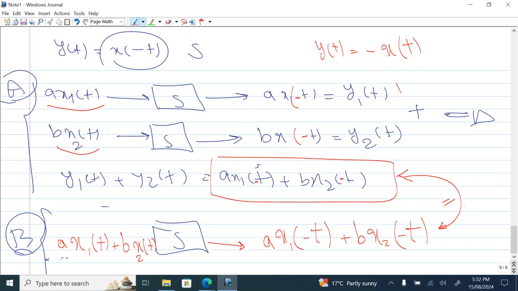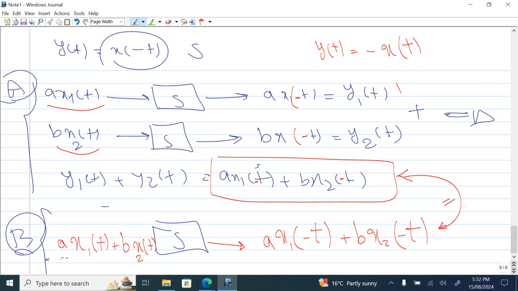Yes, it is linear, in terms of linearity. Why? Because all it does is get your input multiplied by minus 1, right?